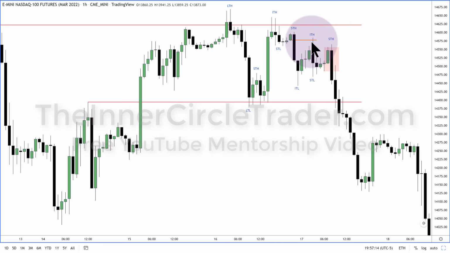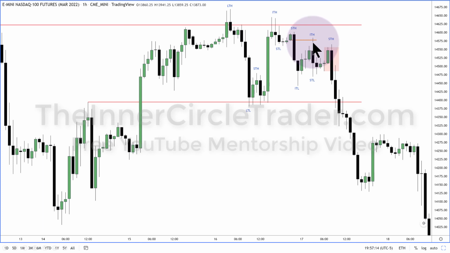But the way I'm internalizing it, and you'll see what I mean as I go through this lecture, every rebalance of an old imbalance, that swing that's created at that moment, I immediately label in my mind as an intermediate term high, or in this case, as we came back down and filled in this by dropping down here, that's an intermediate term low. What does that mean? What's the significance of that? Typically, what you'll see is an intermediate term low has a higher short-term low to the right of it and a higher short-term low to the left of it.